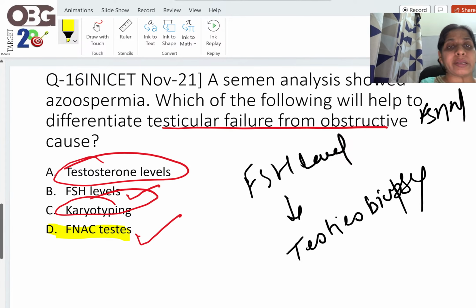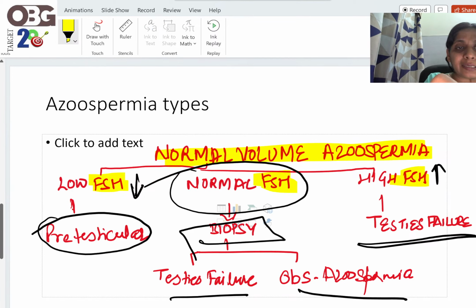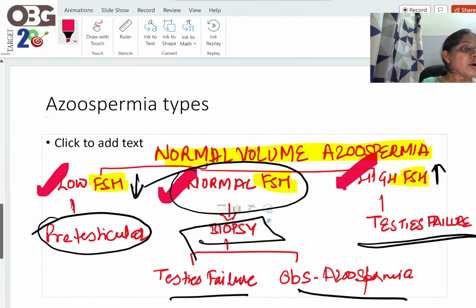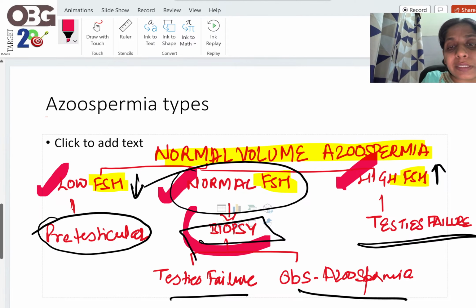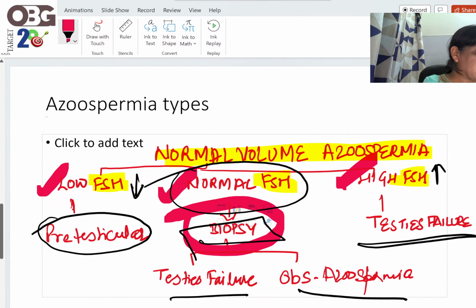Since they have not written it, because our first test is always FSH. So if in the question it is not specifically written that FSH has been done, then you will not write biopsy. If it is written that FSH has been done and now you differentiate between testicular failure and obstructive azoospermia, then your answer will be biopsy. I hope it's clear.